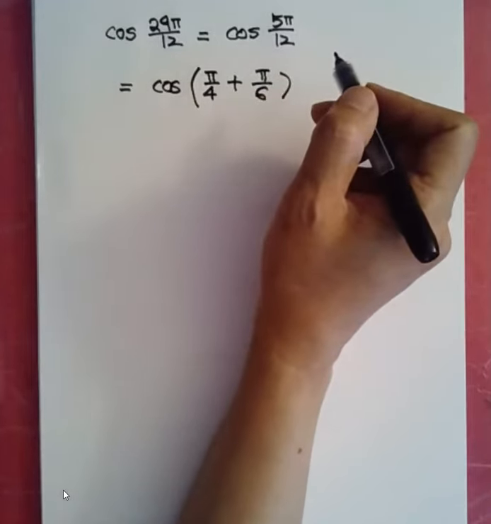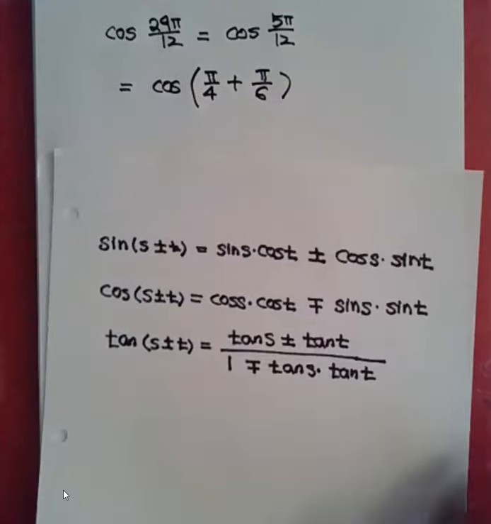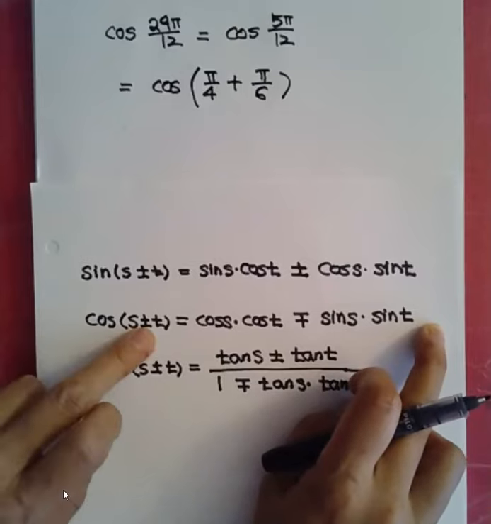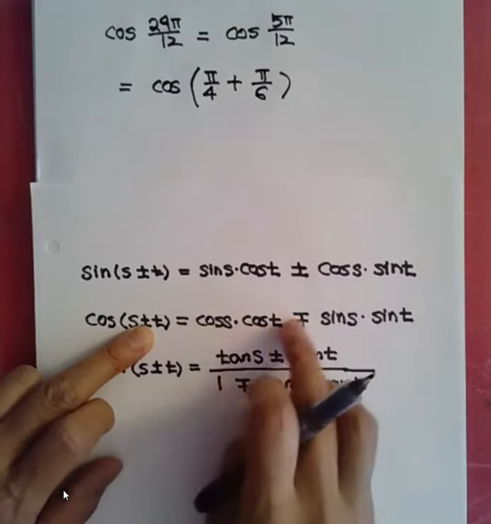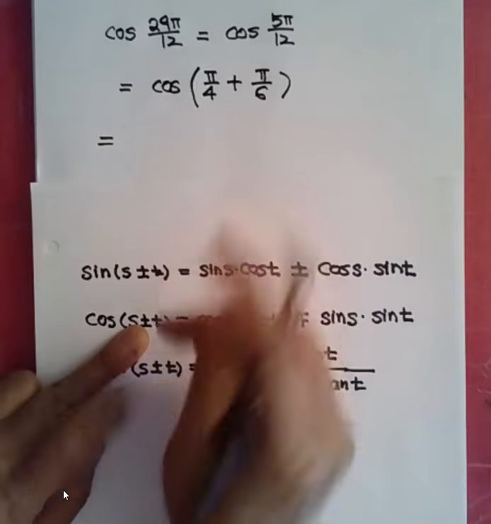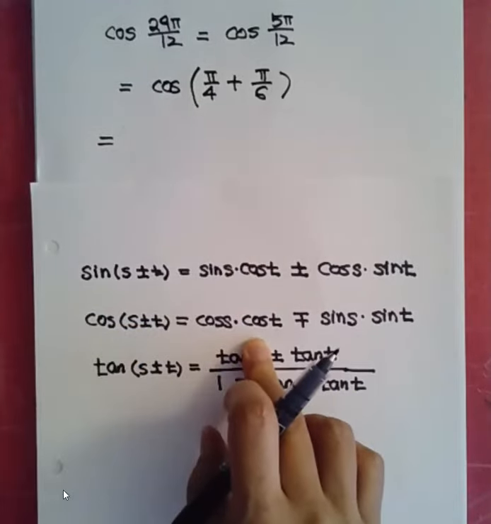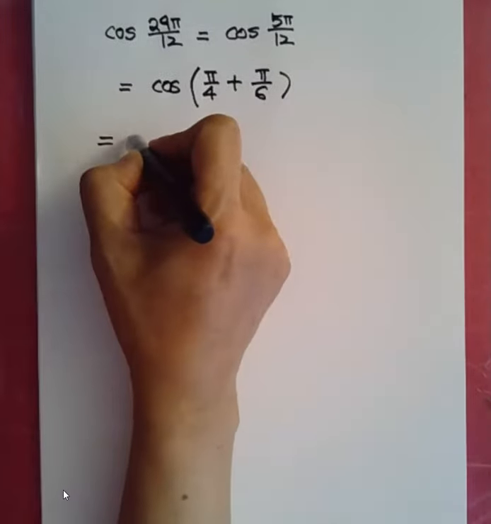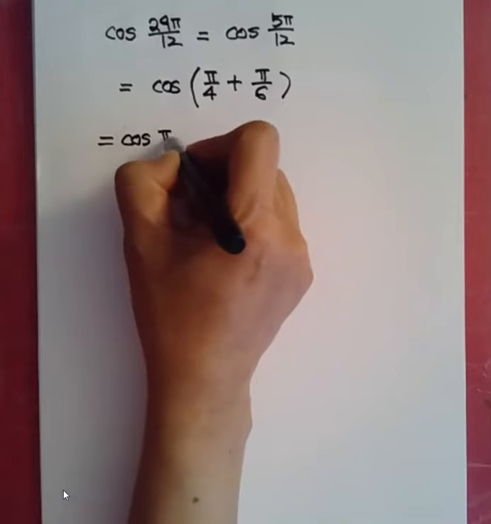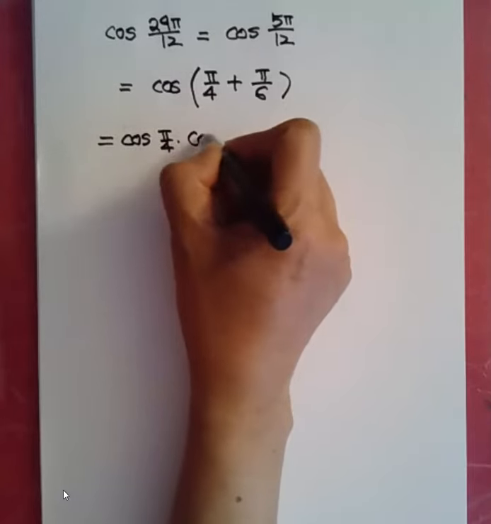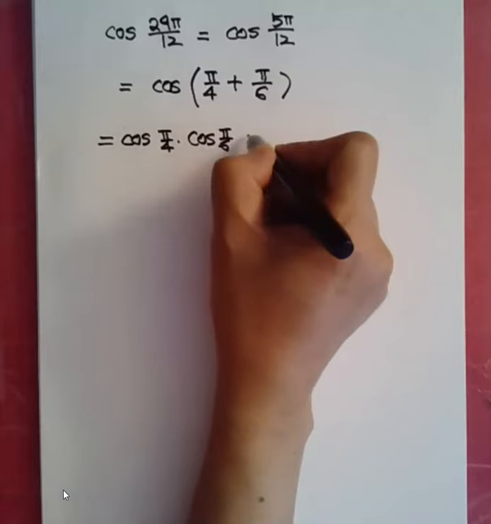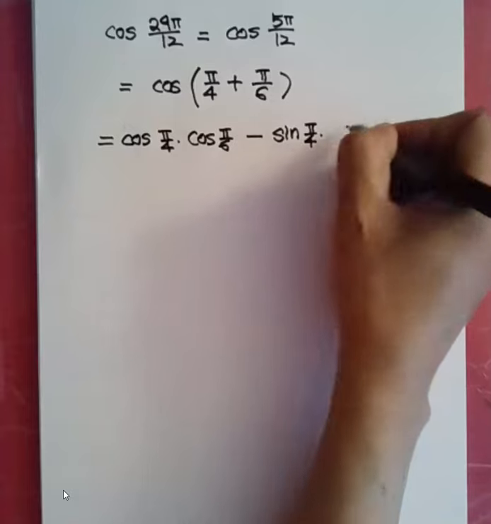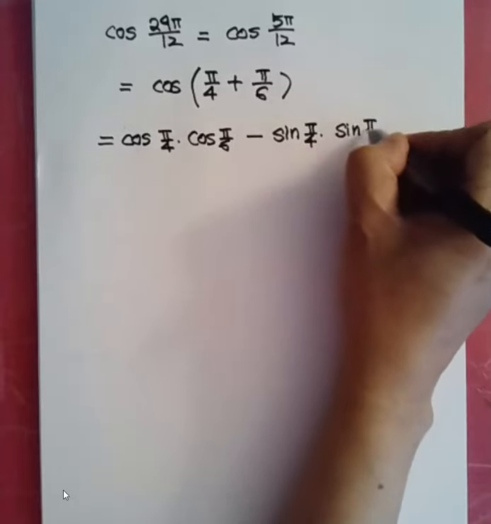Once angles are combined, all you have to do is use the formula. Again, plus becomes minus, and cosines are combined and sines are combined. So we can rewrite that as cosine of pi over 4 times cosine of pi over 6 minus sine of pi over 4 times sine of pi over 6.